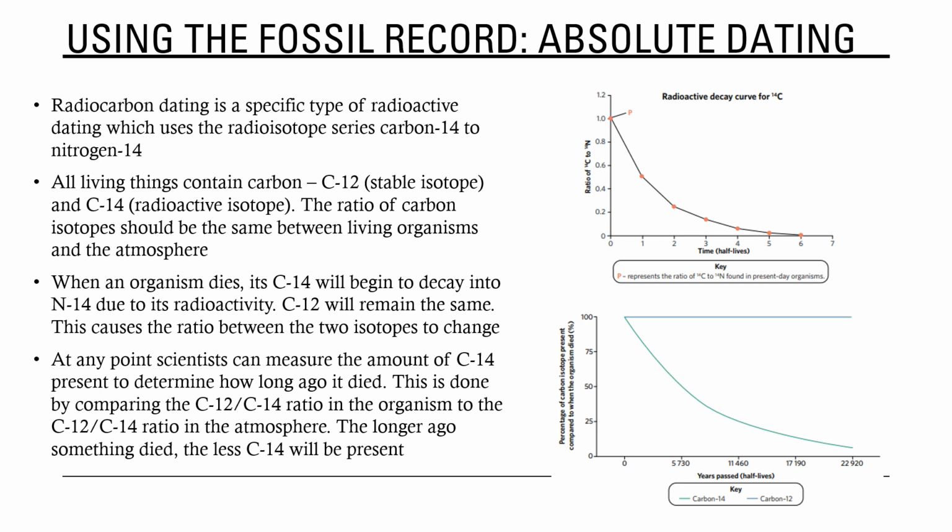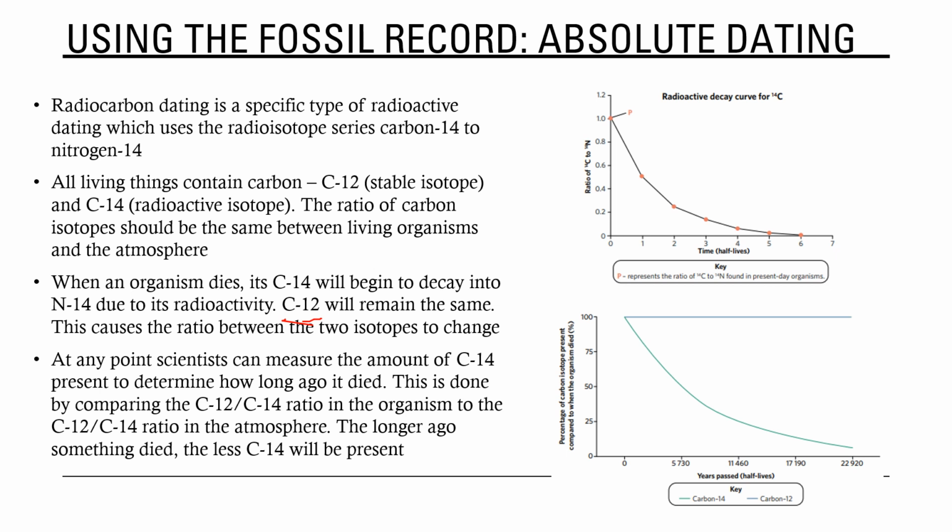When something dies, that's when that ratio starts to change. Our carbon-14 is going to start to decay into nitrogen-14 due to radioactivity. Our C12, though, our stable carbon, remains the same. So we can calculate the ratio between our stable carbon-12 and the decay of our unstable carbon-14 to figure out what the age of our fossil is.